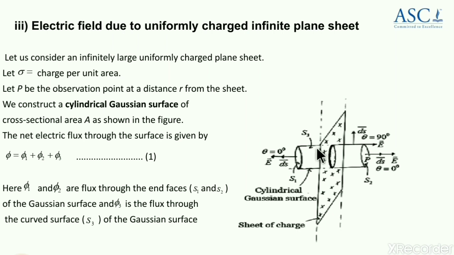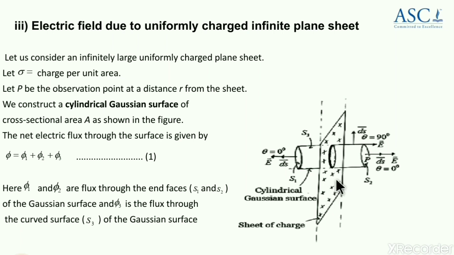Initially we have to choose a suitable Gaussian surface for this plane sheet, and here it will be a small cylinder which is inserted through the plane sheet as shown here. Electric field lines due to the charges on the plane sheet can be drawn to the right side like this, and to the other side of the plane sheet electric field lines can be drawn to the left side.